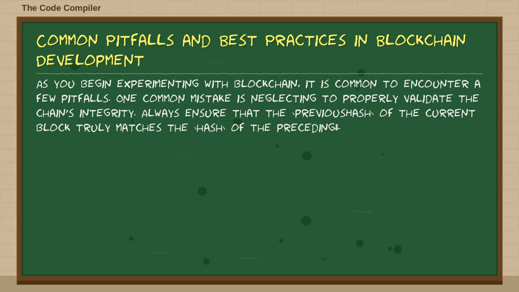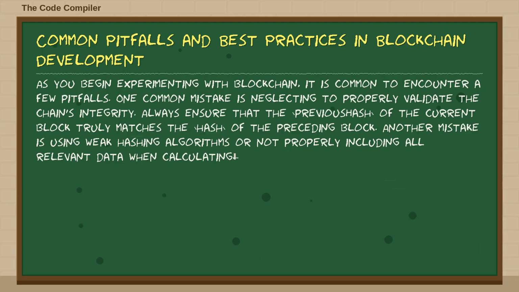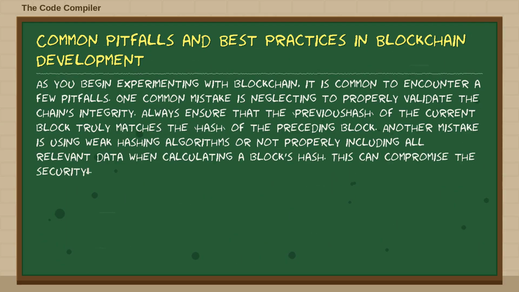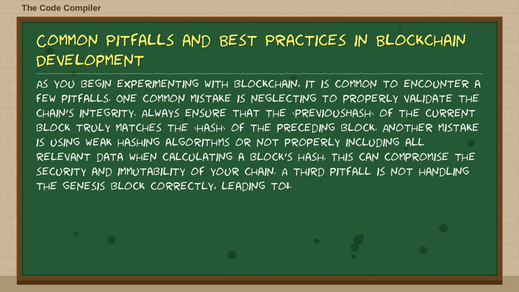Another mistake is using weak hashing algorithms or not properly including all relevant data when calculating a block's hash. This can compromise the security and immutability of your chain. A third pitfall is not handling the genesis block correctly, leading to errors when the chain is empty.